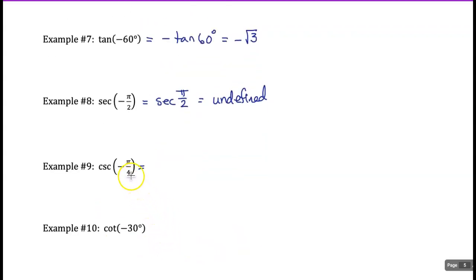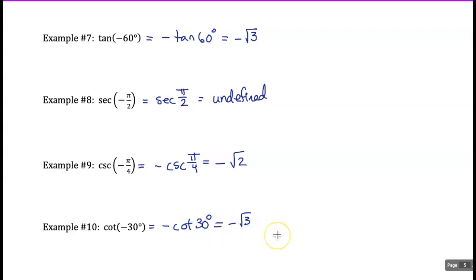So if you want the cosecant of negative pi over 4, that's the opposite of the cosecant of pi over 4. The cosecant of pi over 4 is root 2, so this would be negative root 2. Sorry, one more. Cotangent is also odd, so this is the opposite of the cotangent of 30. The cotangent of 30 is root 3, so this is negative root 3.